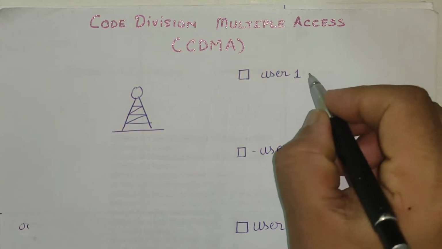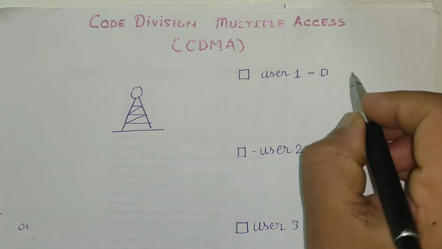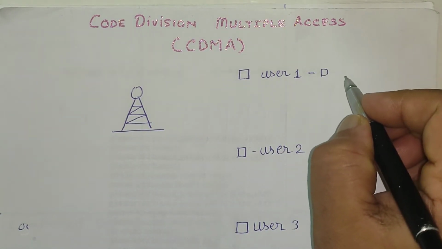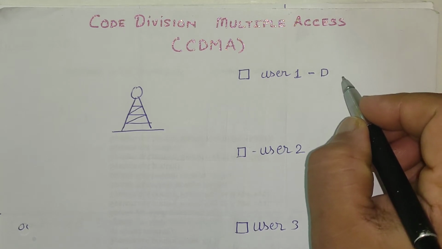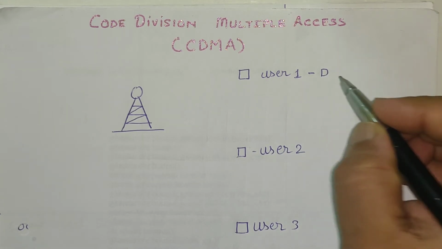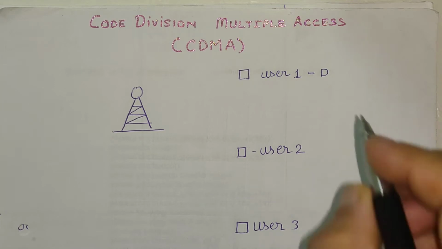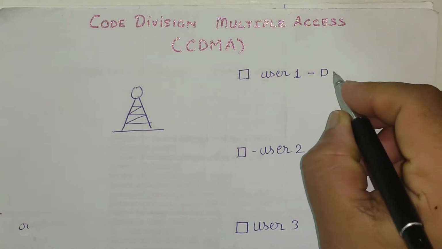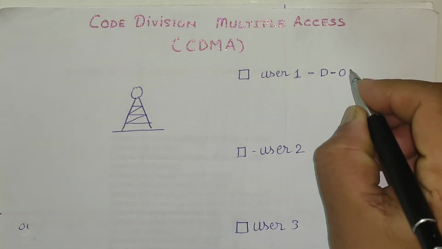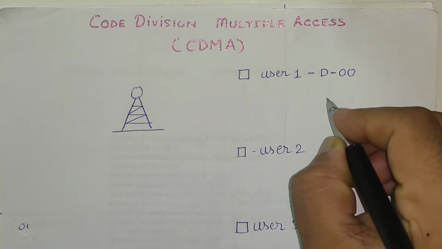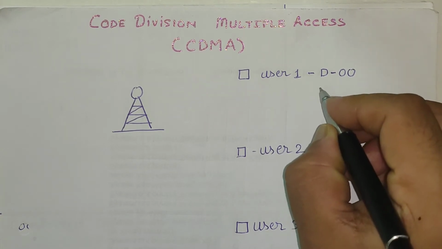They want to transmit some data, so I'm just denoting my data value with my example. So I'll be passing data as follows. Data for user 1 is going to be... user 1 wants to transmit this data, and we are defining a spreading code.